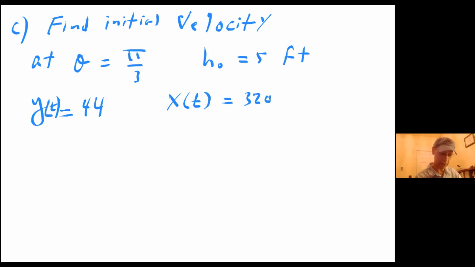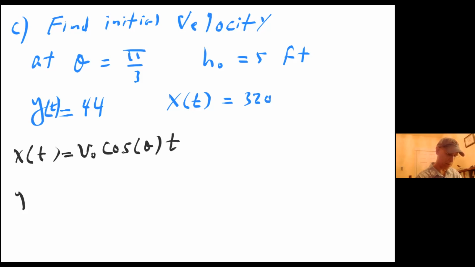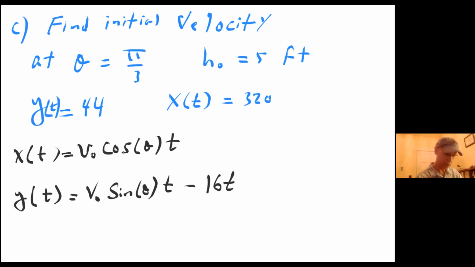Remember that we were given x of t equals v naught cosine of theta times t, and y of t equals v naught sine of theta times t minus 16 t squared plus h naught.